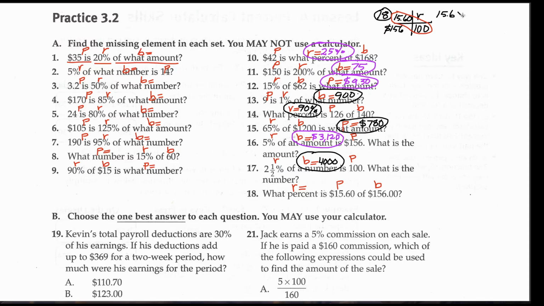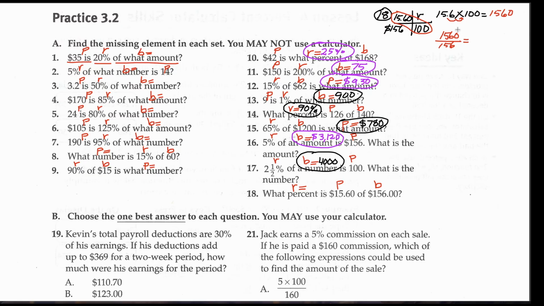15.6 multiplied by 100. When you multiply by 100, it's the same thing as if you move the decimal point twice to the right. So if I do that, I have 15 and 60. Okay, 1560. Now divide that 1560 by 156.